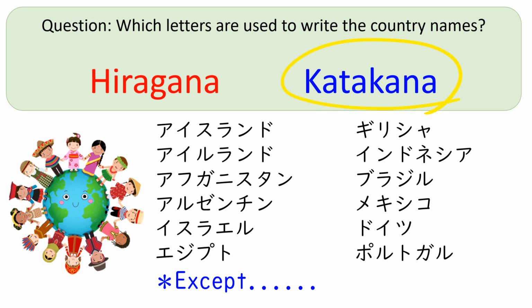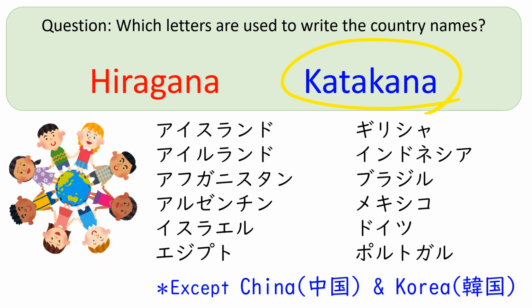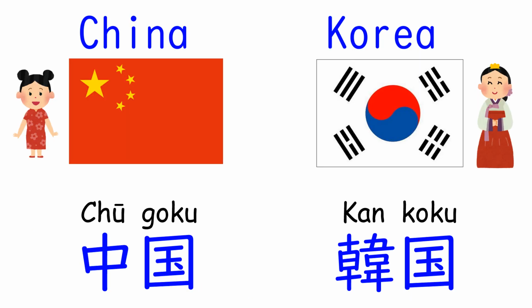There are exceptions for most things, and there are 2 countries which are not written in katakana. Which countries are they? The hint is both of them are very close to Japan geographically. They are China and Korea. Chinese people use kanji, of course, and Korean people used to use kanji as well.